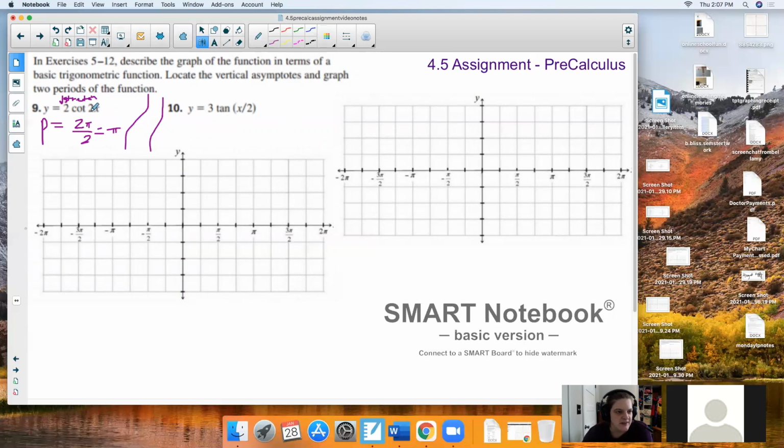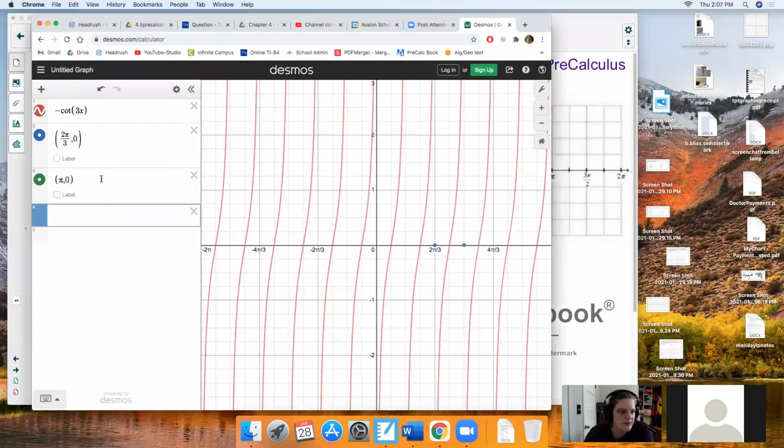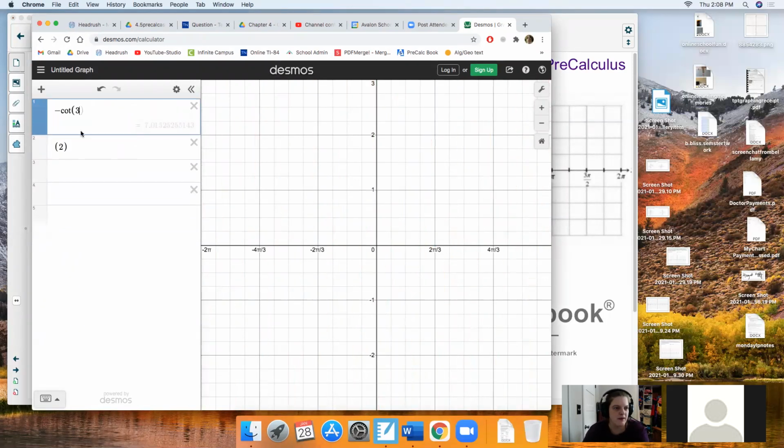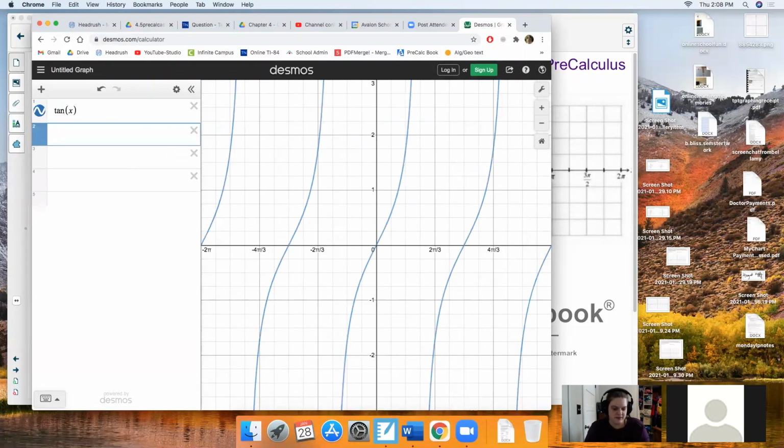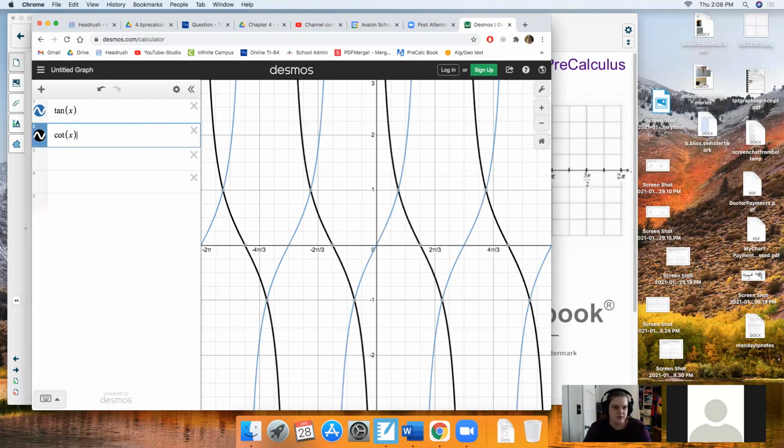All right, so when it comes to cotangent, probably the best thing to do is have a reference for it, which we have here. All right, so just for reference, here's our tan and our cotangent.